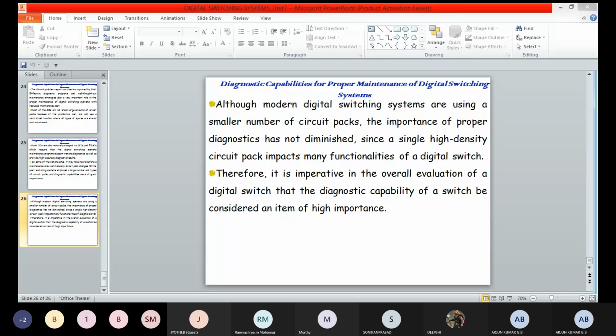That's why there's a huge impact on the digital switching systems, for the code for the process of bringing the system up. So basically, how much is it?